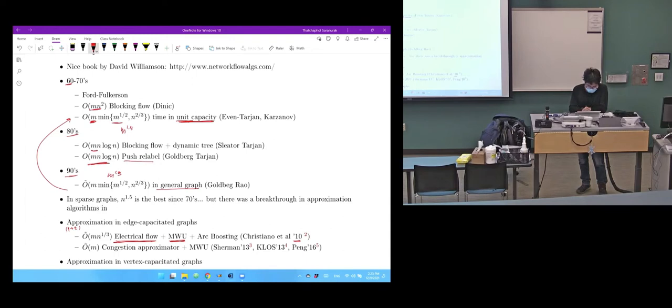But after that, it turns out that the right object to look at is not electrical flow. It's the conjecture approximator, as we saw. Use this thing together with multiplicative weight update, then you get what you saw.